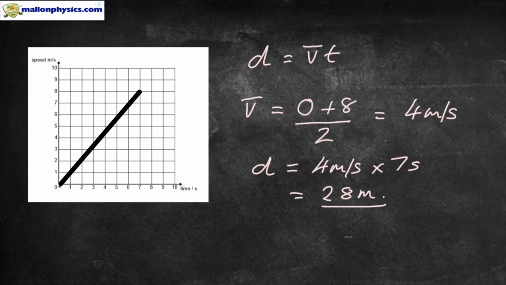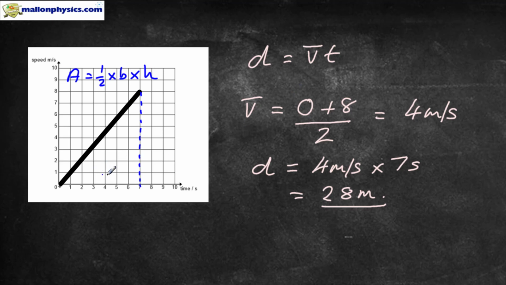Now let's use our theory to try and work out the area of that triangle, because the area of the graph in this case is a triangle, and the triangle has a base of 7 and a height of 8, and we know that the area of a triangle is equal to 1/2 times the base times the height.